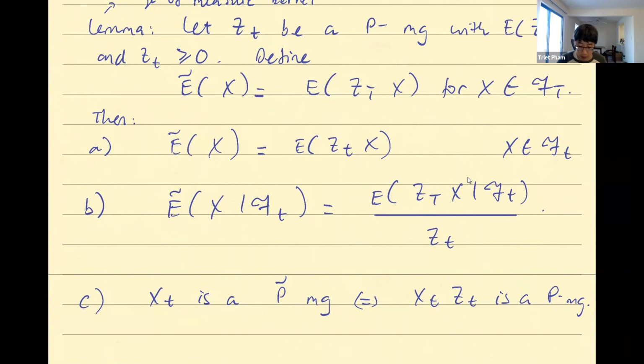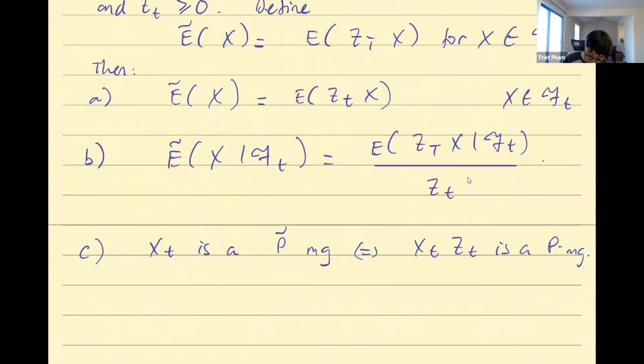So let's go through the list and explain why things are true and recall how these are relevant to things that we have done before. For example, why is A true? A is very easy, because basically you can use the definition. Of course, the point of A is that this random variable here is not in the big sigma algebra, it is in the smaller one.